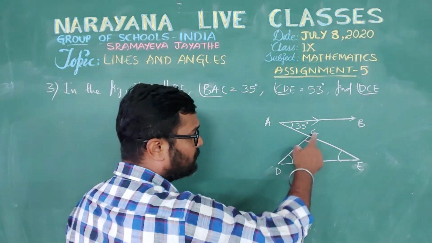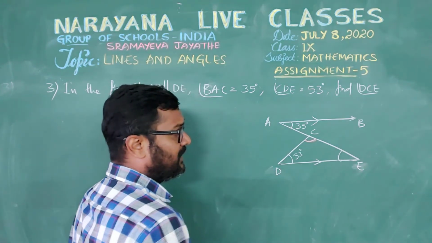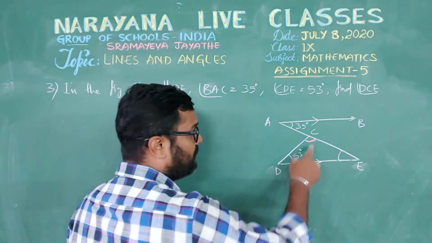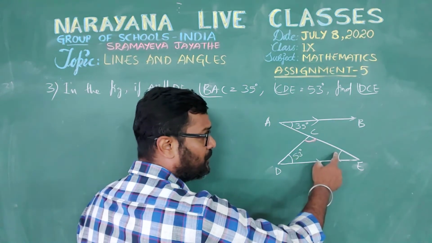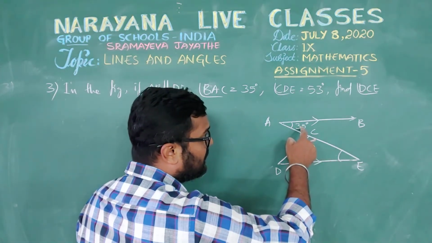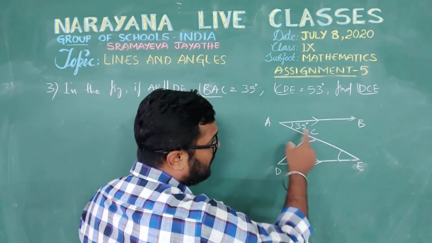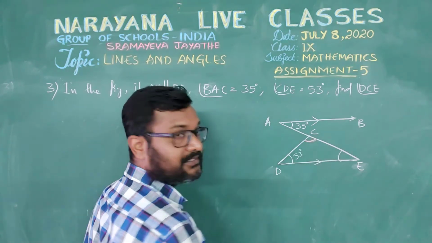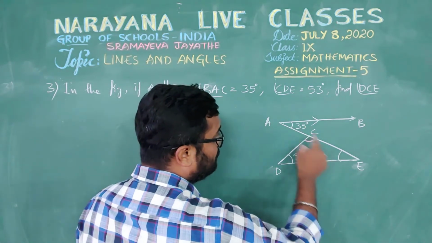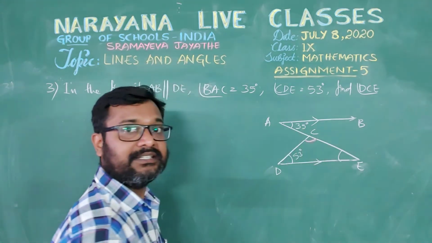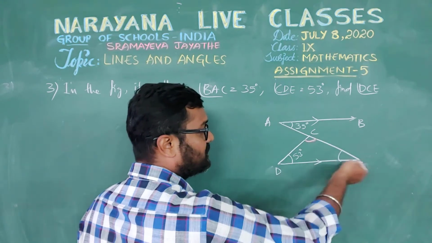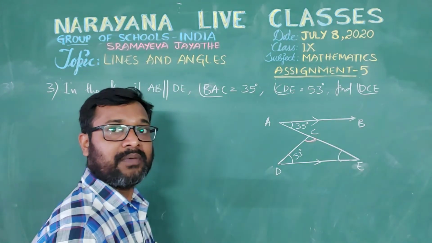Why am I taking this? Because if you observe this triangle CDE, we need to find this angle. We know this angle, but we don't know this angle. So to find it, I observe that these are alternate interior angles for this transversal and these two parallel lines.